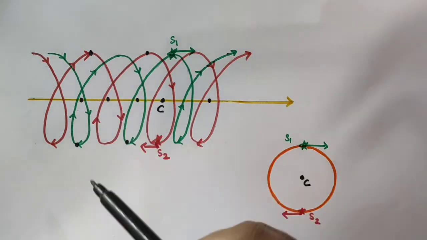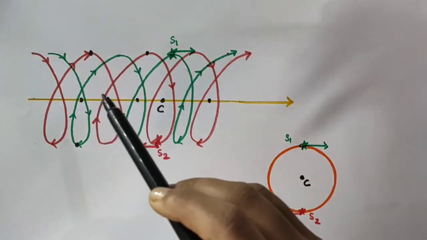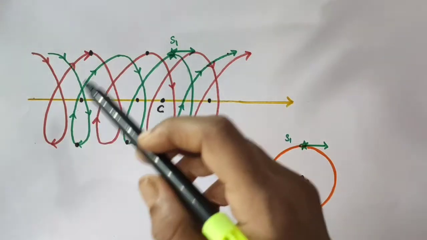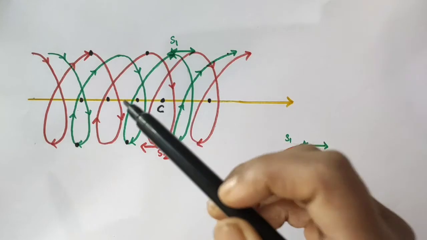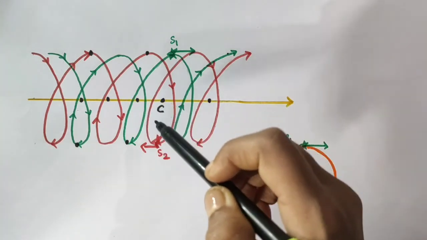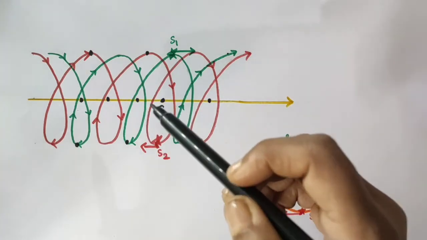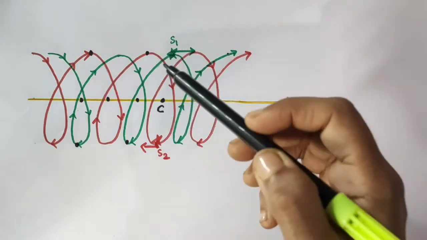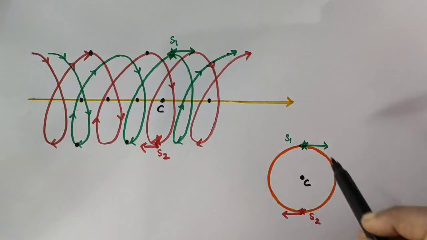It looks complicated. So, if you observe the same thing from a frame of reference which is fixed on the center of mass, that is, from the center of mass frame, the motion of the binary stars S1 and S2 looks simple like this.